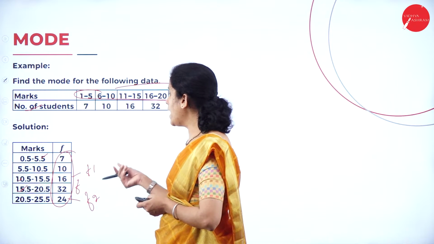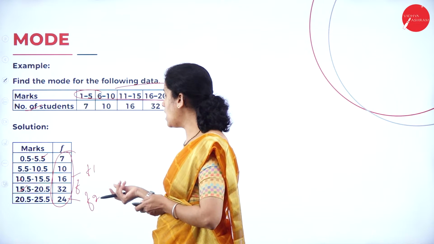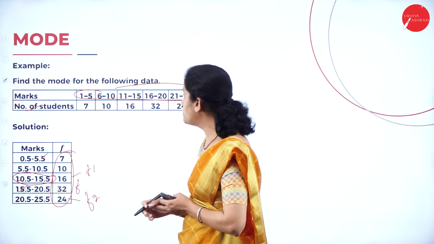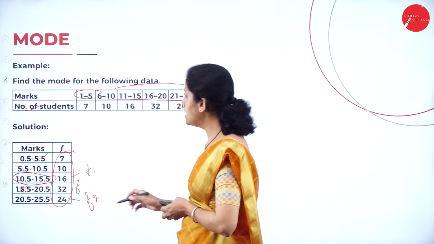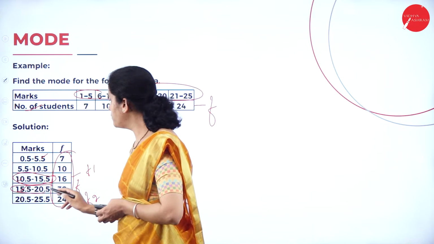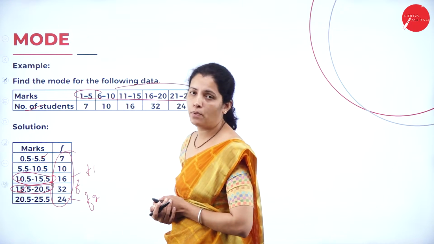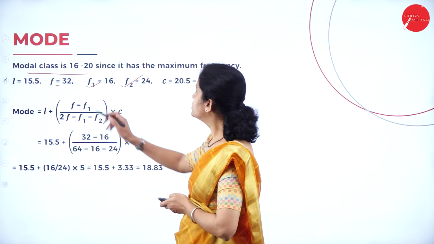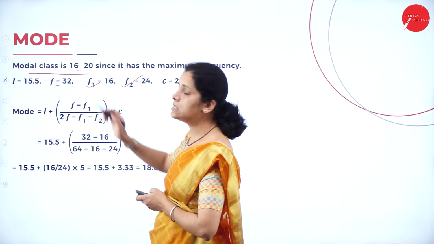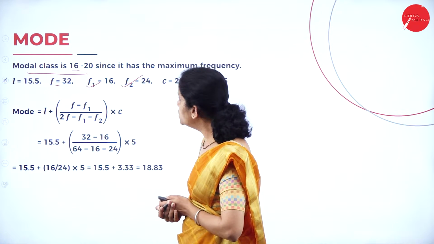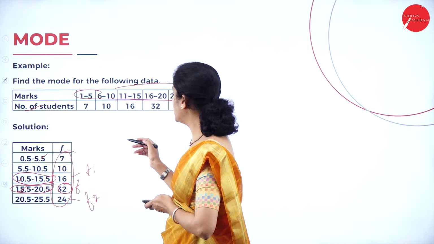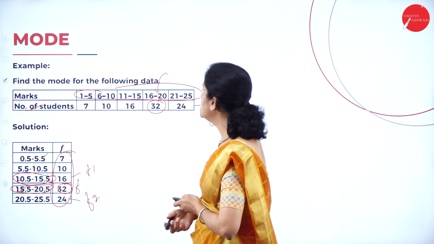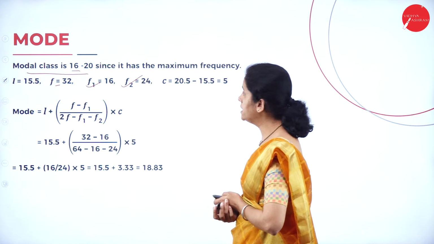Now I got F, F1 and F2. So dear student, what is the modal class? Here the modal class is nothing but 15.5 to 20.5. So it is 32. So the modal class is 16 to 20. See here, if I consider this one, 32 comes between 16 to 20.